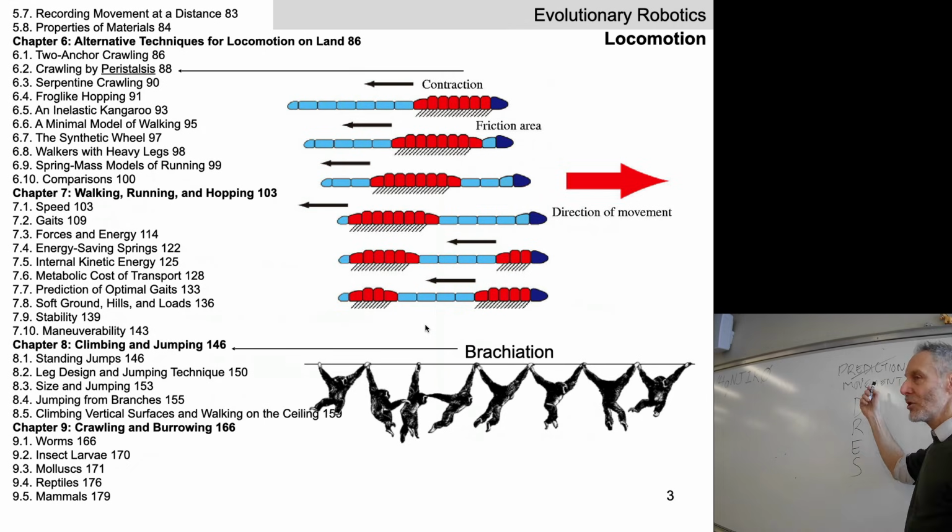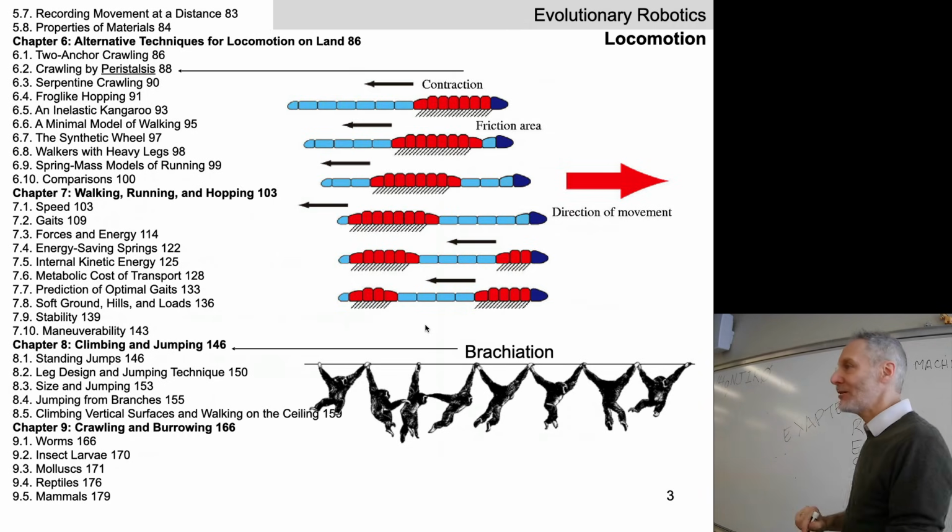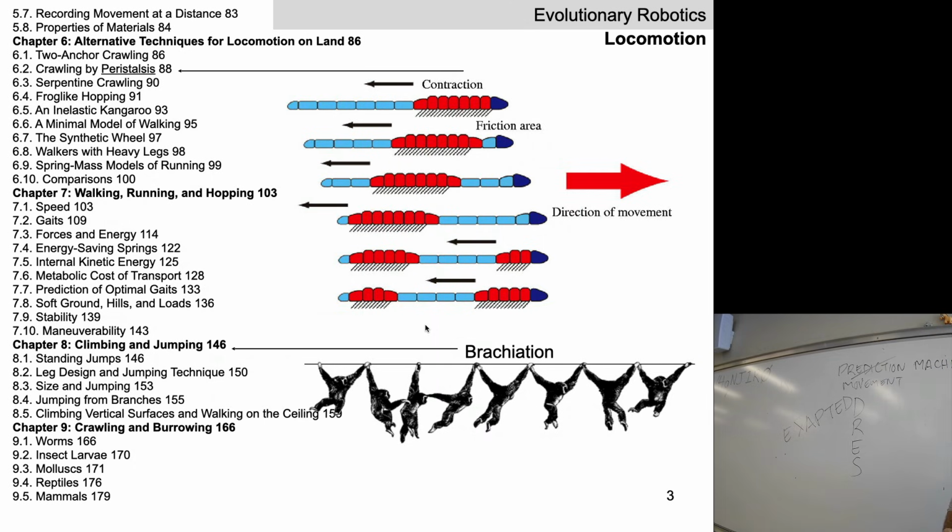Mother Nature discovered movement very early on, and then she exapted it for other purposes. Exaptation is a phenomenon in evolutionary systems, which is Mother Nature is many things. She's also lazy. She tends not to reinvent things from scratch.